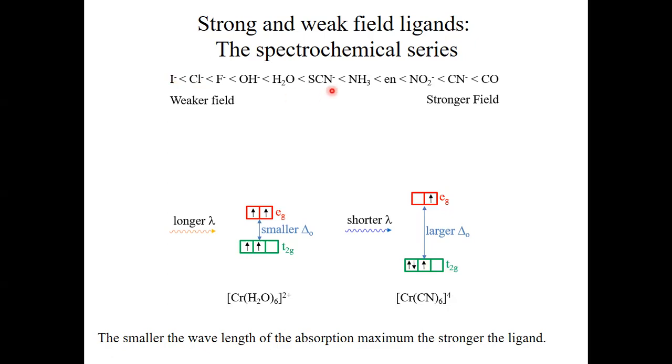You see, for instance, a thiocyanate ligand is approximately in the middle, and a cyano ligand, and even more so a carbonyl ligand, is very much to the right side. So these ligands require the smallest wavelength, light with the highest energy, in order to overcome the delta O and promote an electron from a t2g into an eg orbital.